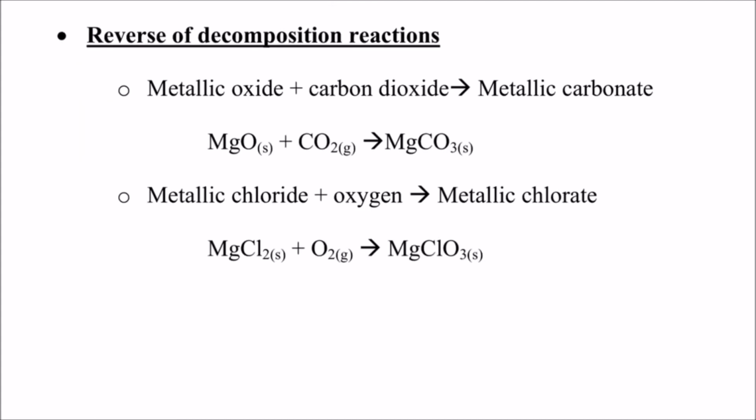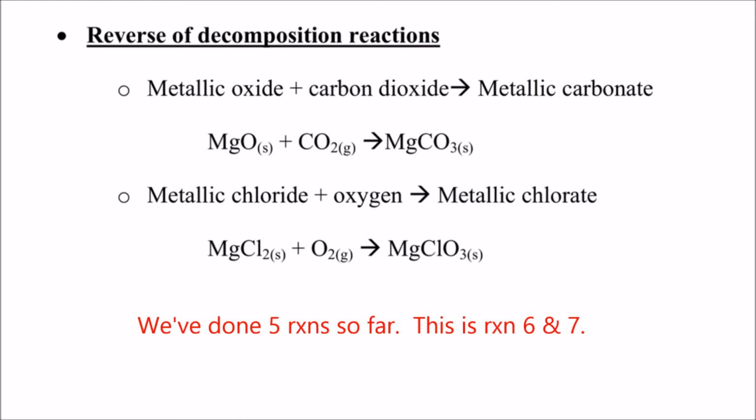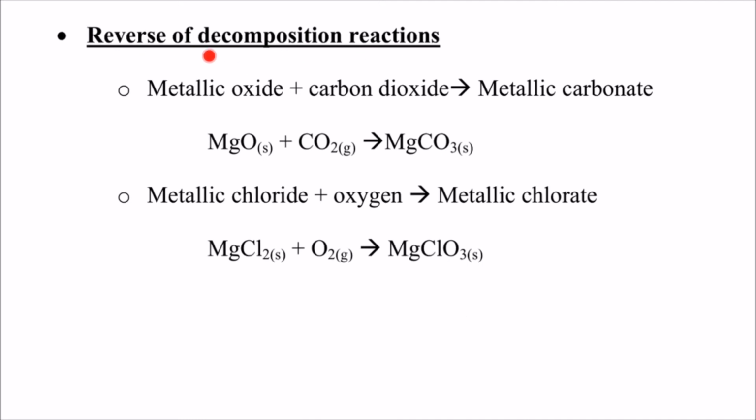Okay, so we've done 4 reactions so far, and here are 2 more to give us 6 reactions. These are the reverse of some decomposition reactions. We have not actually learned these decomposition reactions yet.